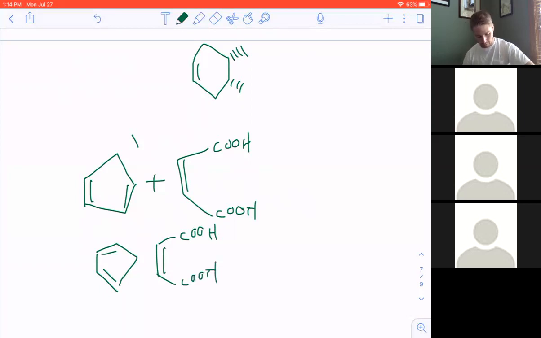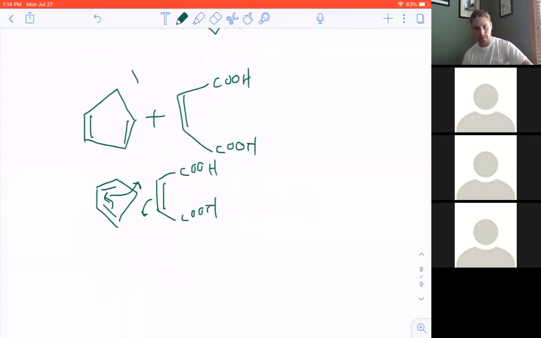How this is going to work then, if these do their rearrangement, you're basically going to have a 6-membered ring. Since there was just 1 carbon here, you're going to have a 1-carbon bridge like that.